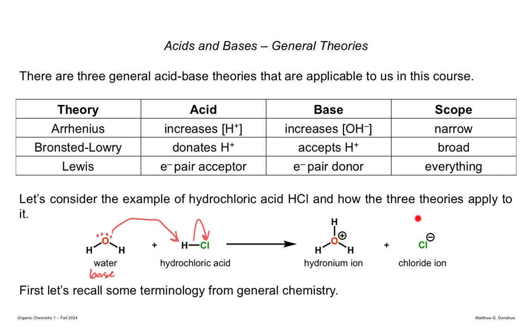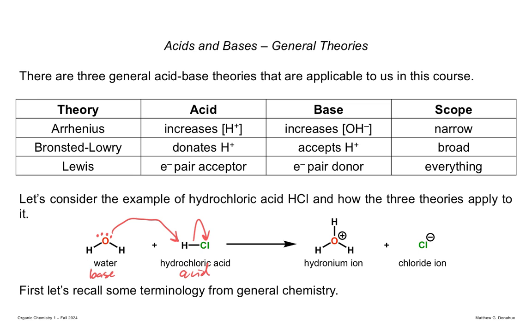The plus is equally balanced by the minus, so overall they're neutral. So there's your acid, there's your base on the starting material side. Then on the product side, we also have an acid-base pair, but these are now called the conjugate acid, conjugate base.